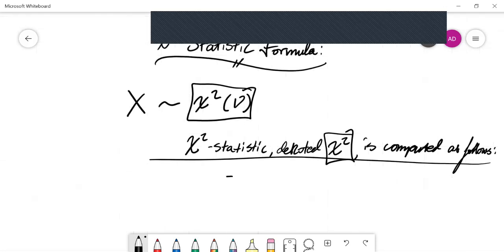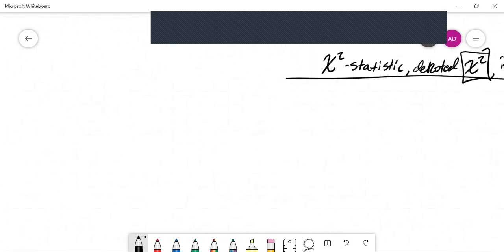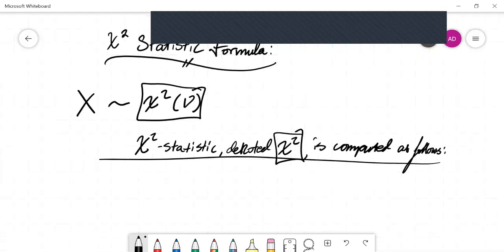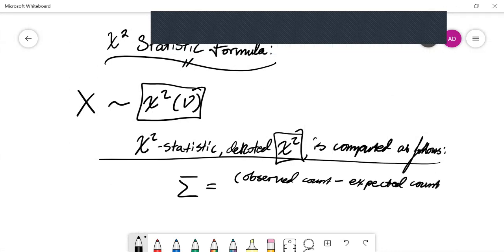It's simply the summation of your observed count minus your expected count, squared.